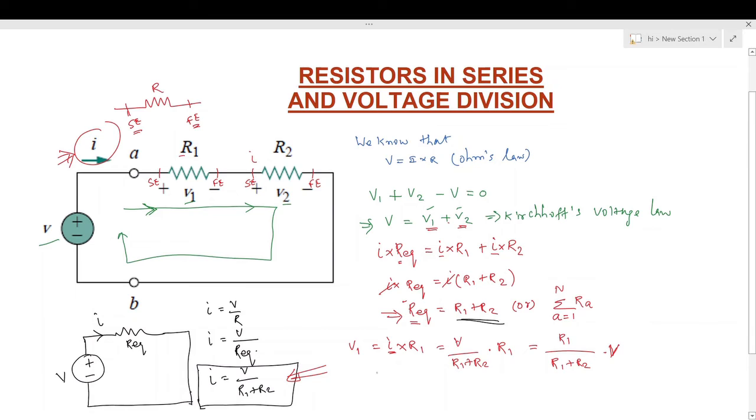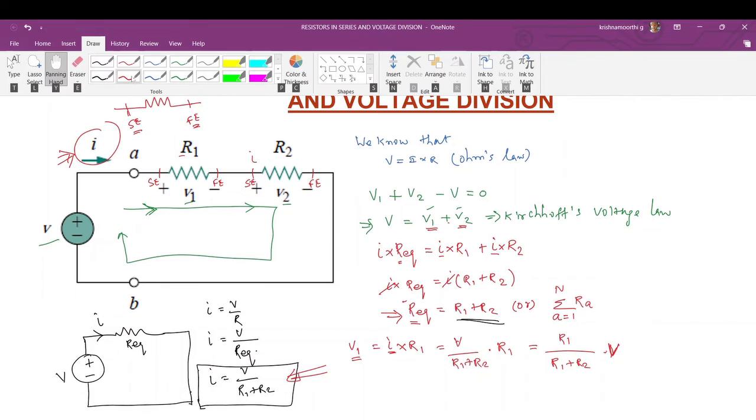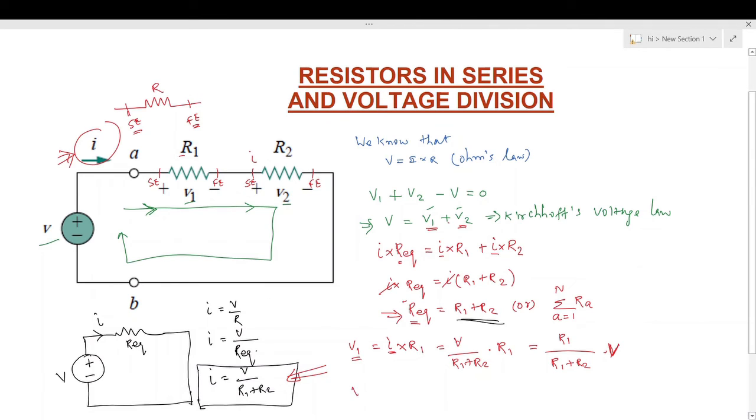Okay, further, this is the one term. We have found out the voltage drop across R1, that is V1, in terms of resistance and supply voltage, and now V2, that is the voltage drop across resistor R2. We will now find it out. Okay, that is V2. The amount of current flowing through the resistor R2 is I, and resistance value is R2.